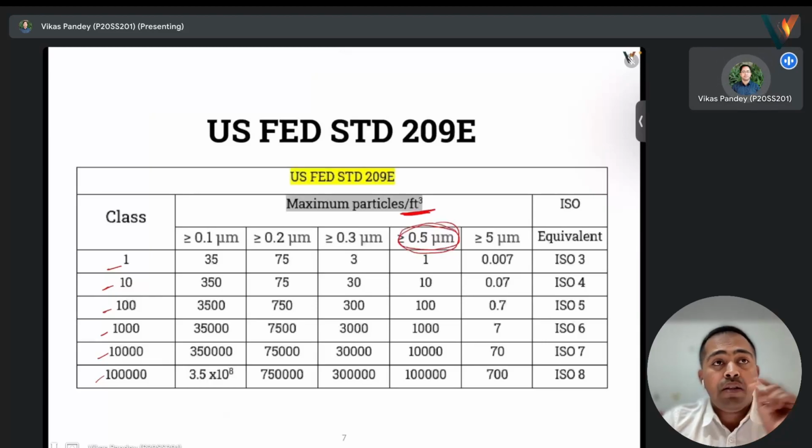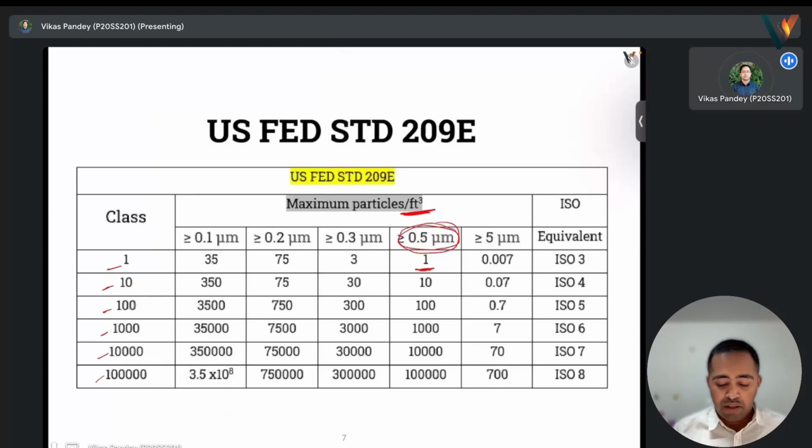So this is the 0.5 micrometer particle size. How many 0.5 micrometer particles are allowed in a cubic feet? So if we take 1 cubic feet of air of the clean room at any place, if it is a class 1 clean room, it should have a maximum of only one particle of more than 0.5 micrometer.